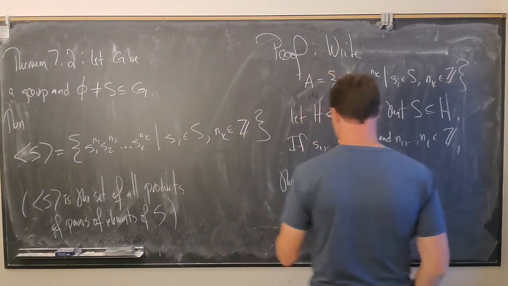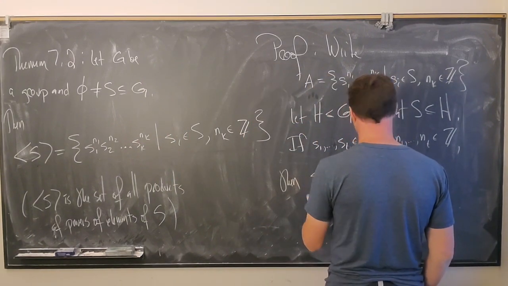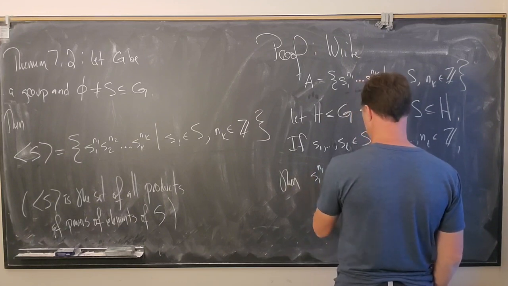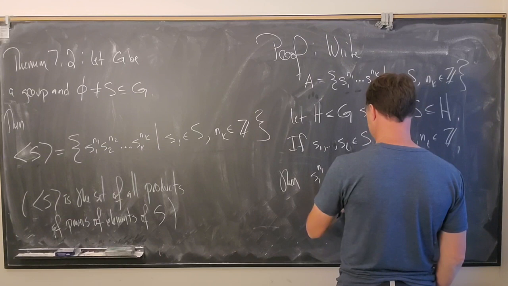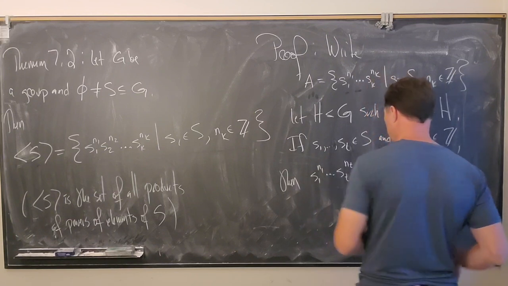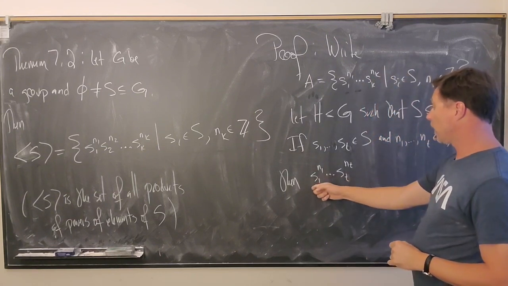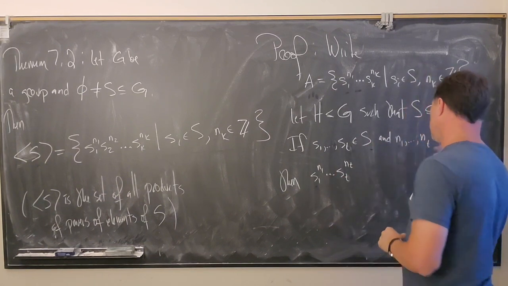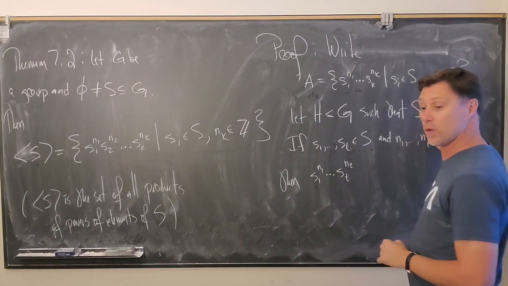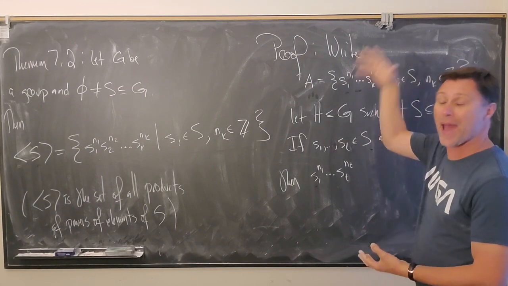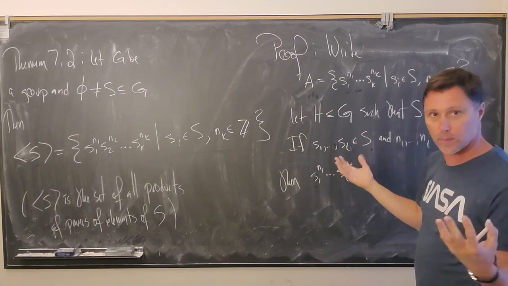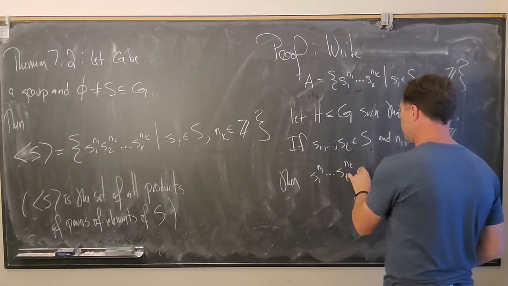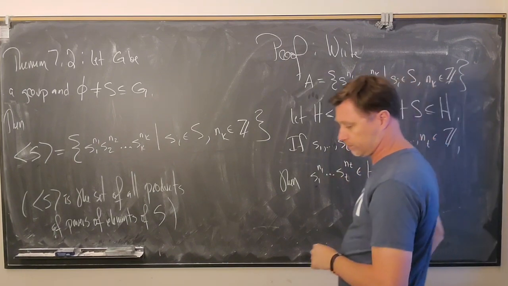It means S1 to the N1 dot dot dot S sub T to the N sub T. We have S1 lives in S, which means that it lives in H. S2 lives in H, S3 all the way to ST. All of those elements live in H, which means that their powers live in H because H is a subgroup, it's closed, which means that when we multiply all those elements, this lives in H.